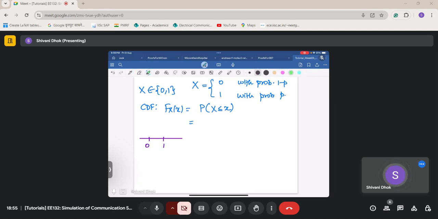If my x lies here and 0 is not included, then my CDF will be equal to 0, because I am not taking into consideration anything. There is no event occurring. So therefore this will be equal to 0 if x is less than 0. Let me just draw it properly.